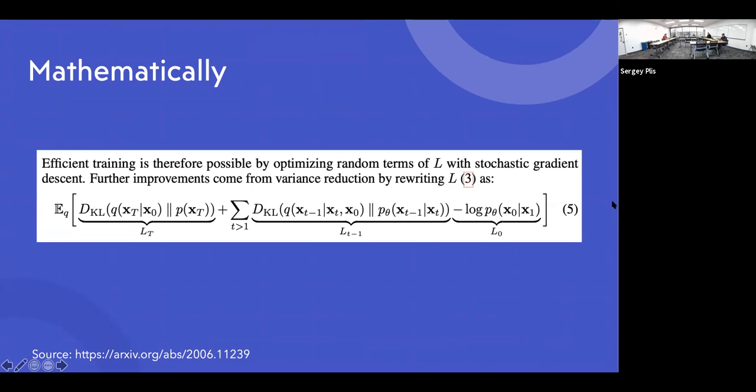And this is their general training formula, which is the KL divergence between the forward process, because xt here is the forward process, this Q is the forward process, and the prior that we have. In this case it would be the zero mean, 1 standard deviation.